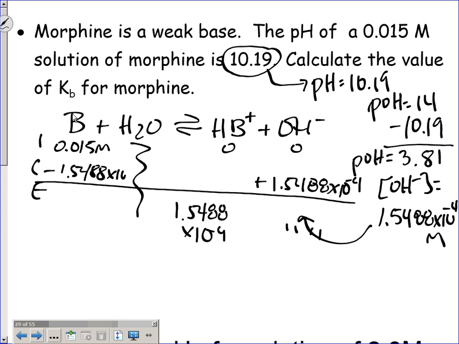What's the equilibrium concentration of base morphine? Anybody? 0.015 subtract that. 0.48. That's it? Oh, we can go. Give me one more. Okay, that's fine.